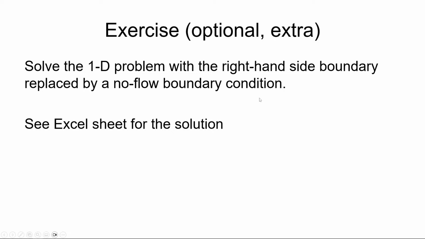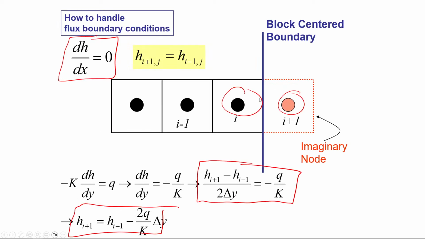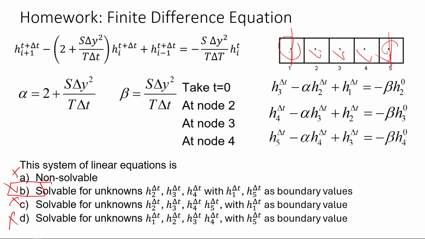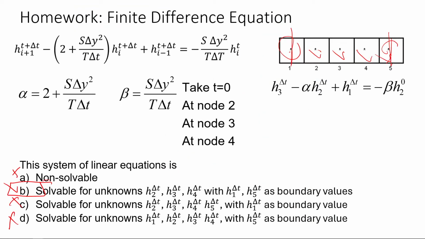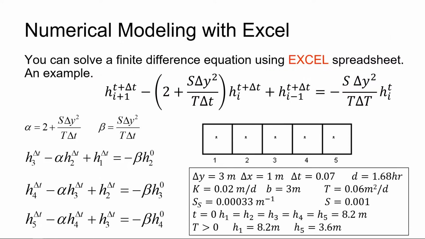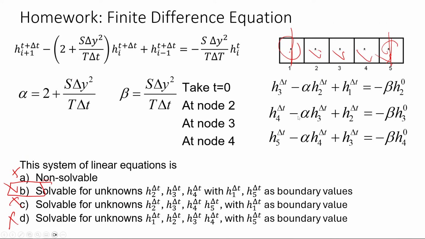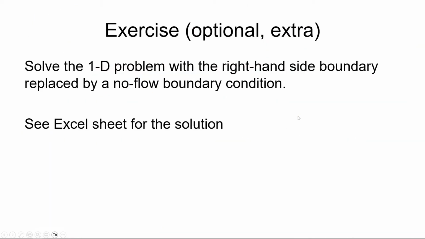So again, this is the same exercise that I showed you for the type 1 boundary condition. I'm also providing the Excel sheet if you want to solve this with a no-flow boundary condition, like type 2 boundary condition.